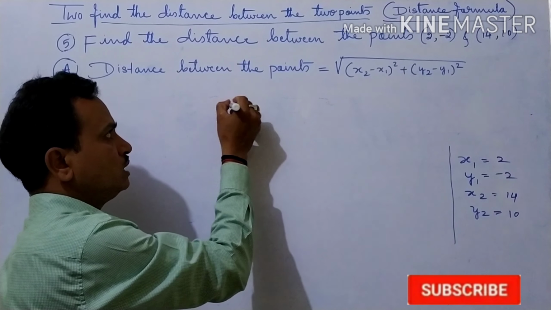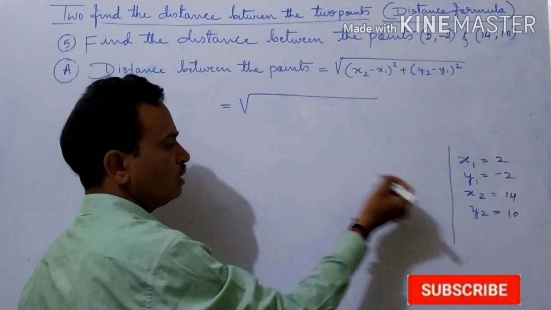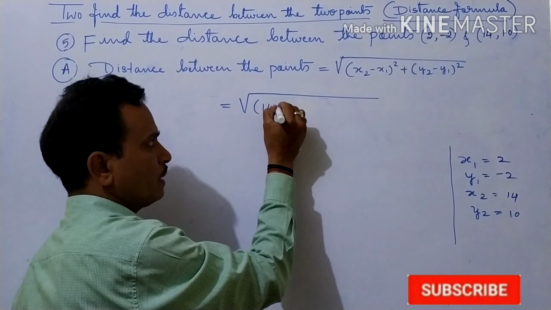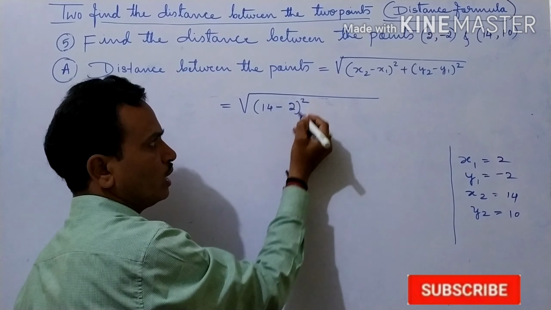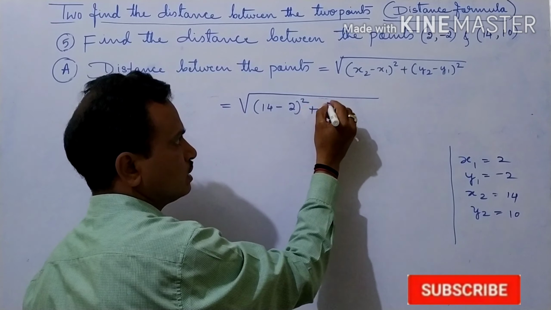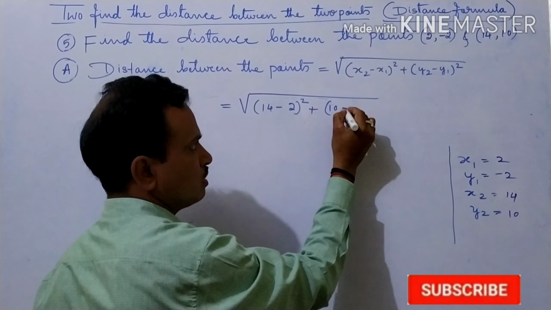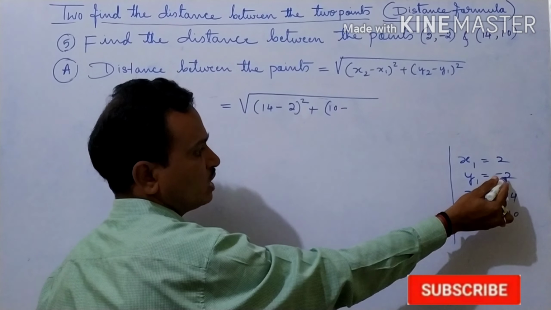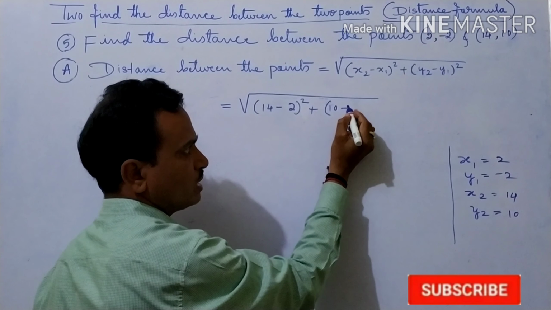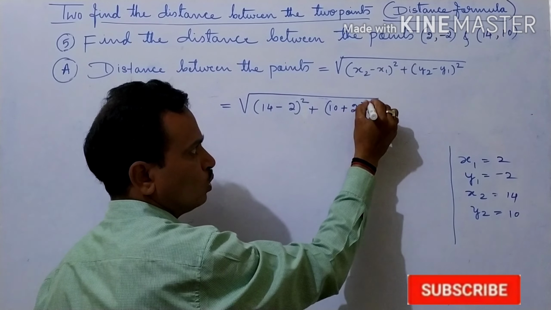Now this is equal to: x2 is 14, minus x1 which is 2, whole square, then plus y2 which is 10, minus y1 which is minus 2. Already a minus is there, so minus into minus becomes plus 2, whole square.